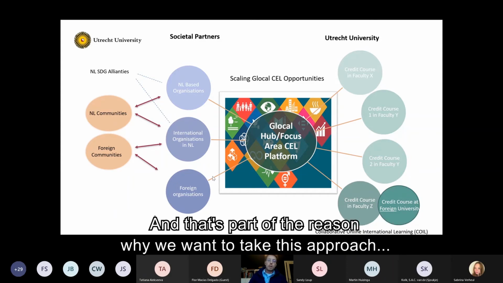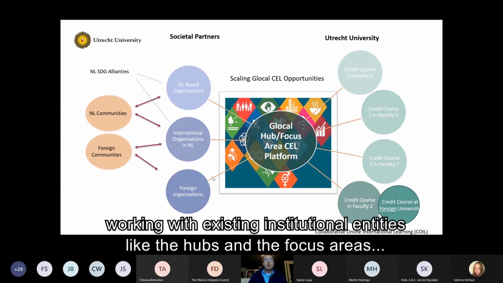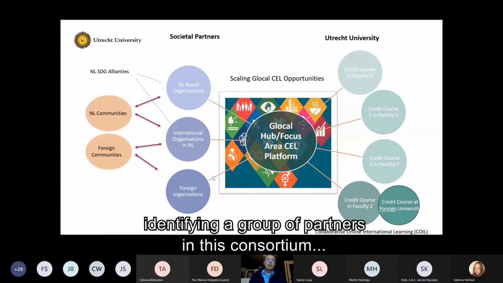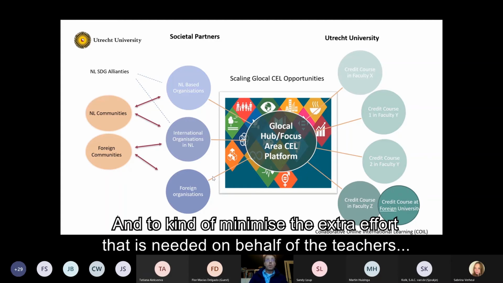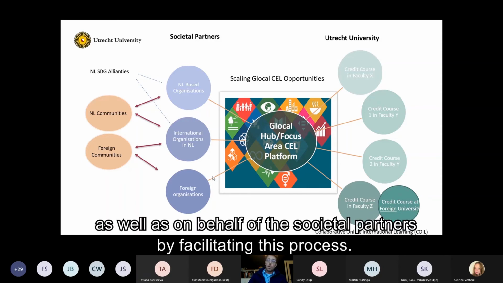That's part of the reason why we want to take this approach, working with existing institutional entities like the hubs and the focus areas, identifying a group of partners in this consortium, both local and international, to achieve scale and to minimize the extra effort needed on behalf of the teachers, as well as the societal partners, by facilitating this process.